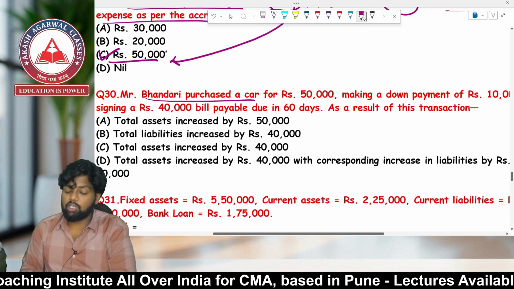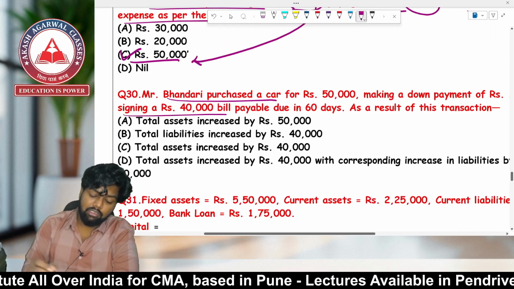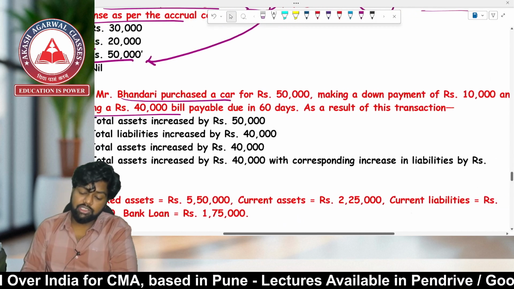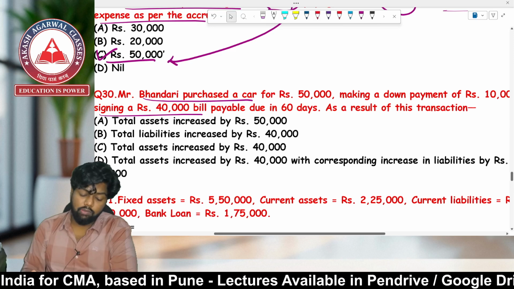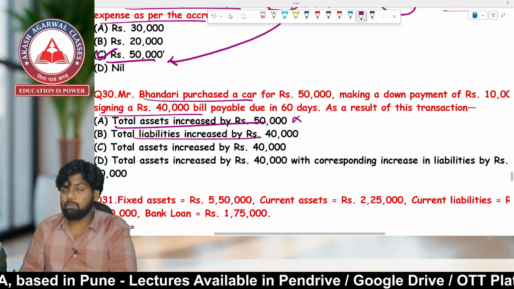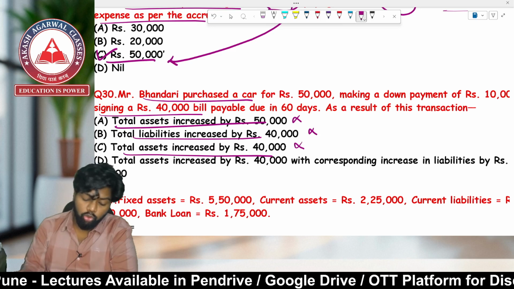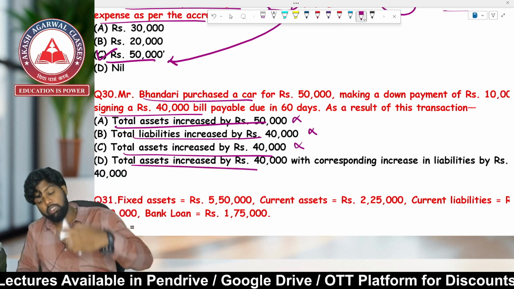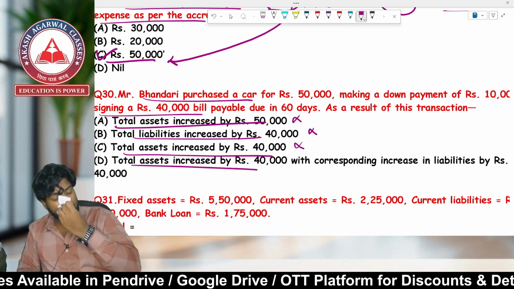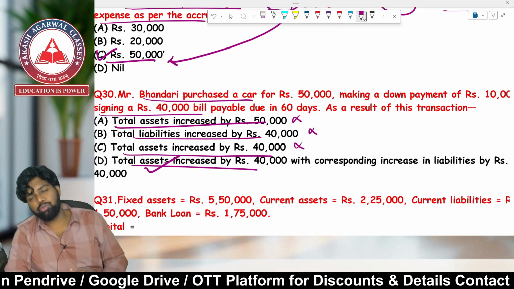Bandari purchased a car for 50,000, making a down payment of 10,000 and signing a 40,000 bill payable due in 60 days. As a result of this transaction, will assets increase by 50,000? No. Will liability increase by 40,000? No. Assets increase by 40,000 with a corresponding increase in liability by 40,000, because we made a 10,000 down payment.